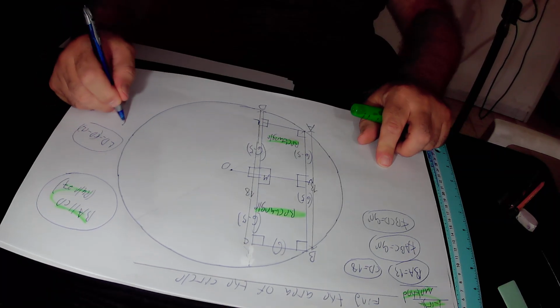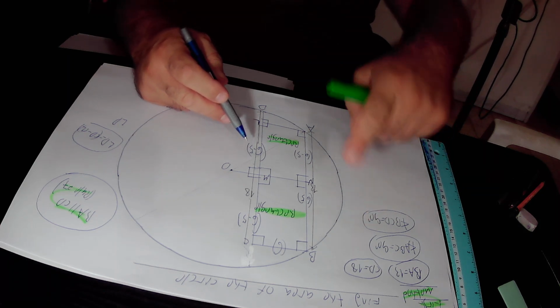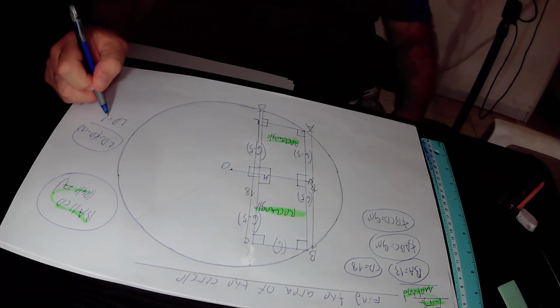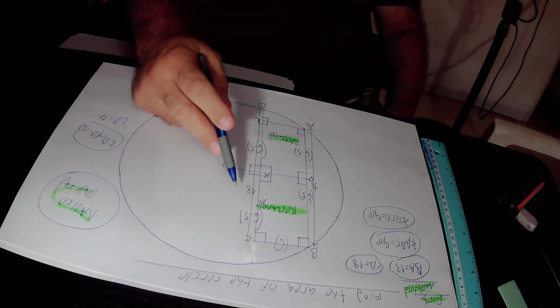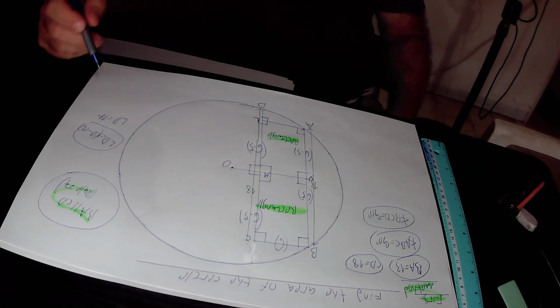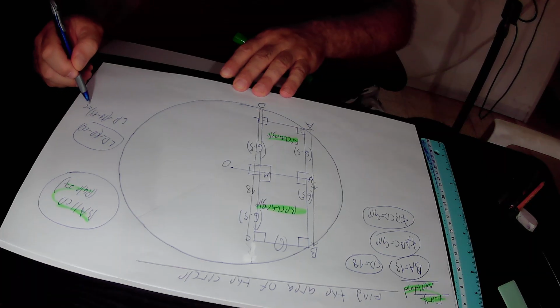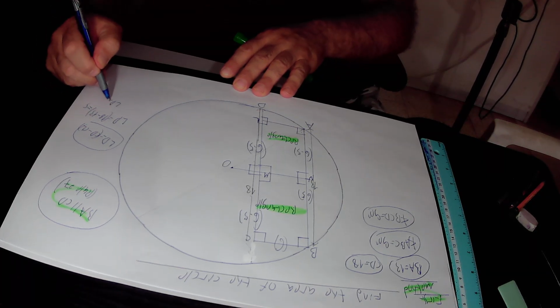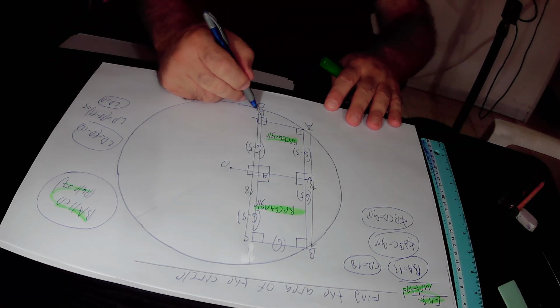So LD equals CD, which is 18 units in its length according to what is given in the question, minus CL. CL equals 6.5 plus 6.5, which is 13. So in total, LD equals 18 minus 13, which is 5. LD equals 5 units in its length.